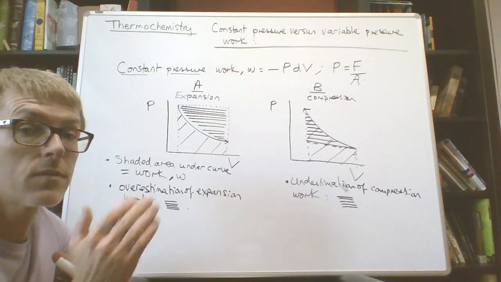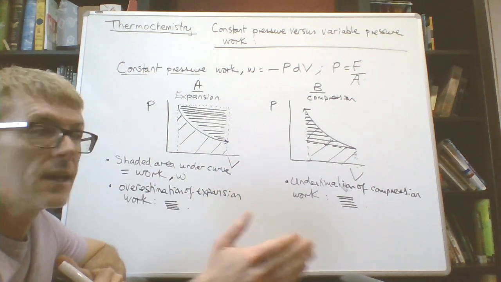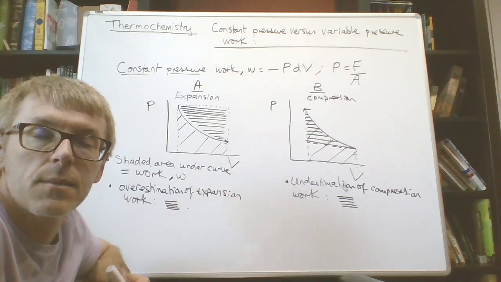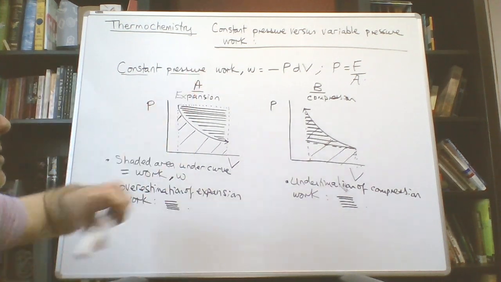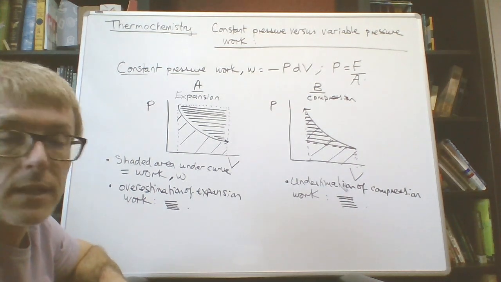It applies a constant force on the piston, then that would be a system in which the pressure is constant. And you could use work is minus PdV.